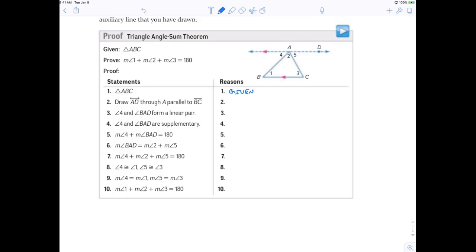Now the next part says draw AD through A parallel to BC. That would be this line right here that you're drawing, and they call that an auxiliary line.